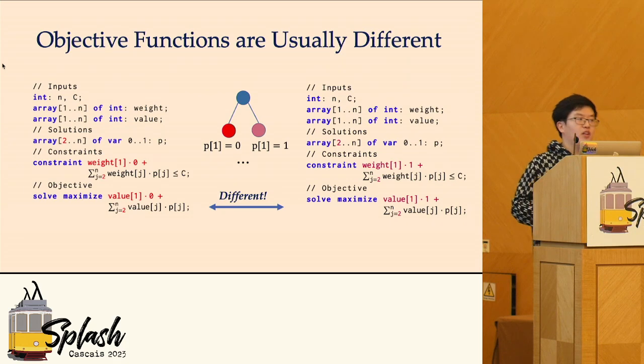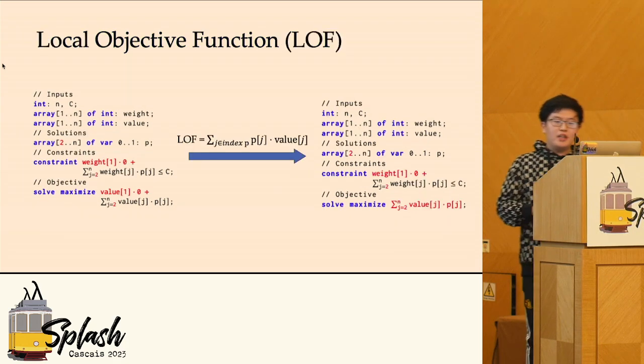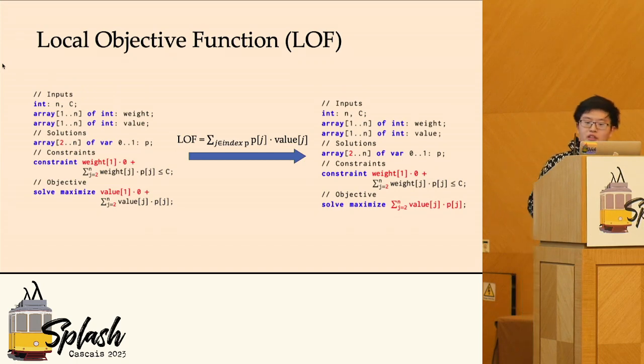So, to make the objective function independent with the enumerated variables, we introduce the local objective function, LOF, and replace the original objective function with the LOF. For knapsack, the LOF is the total value of the to be selected items.